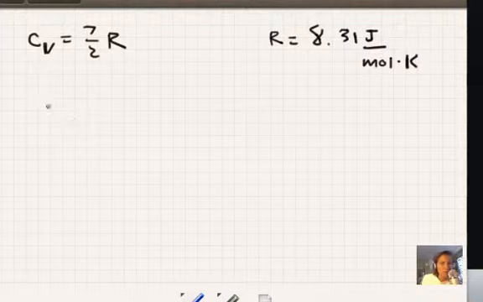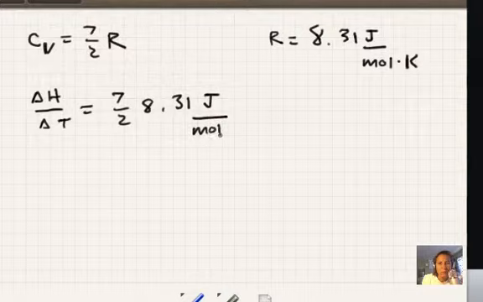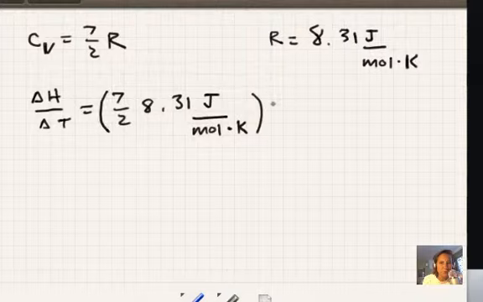Okay, so we have the change in heat per change in temperature is equal to 7 halves times 8.31 joules per mole Kelvin. Now we also know that we're dealing with 2 moles. Now, to be honest with you, I didn't know if this was a molar value or not. I'm discerning that based on the fact that moles shows up here. So we have 2 moles of this.